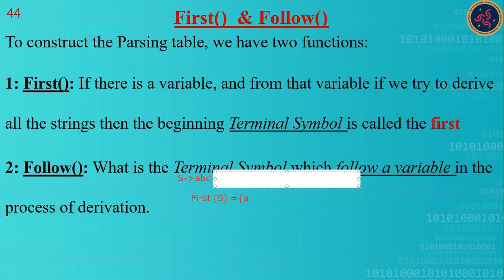Suppose you have a production S gives capital A, B, and C, or it also has an epsilon.